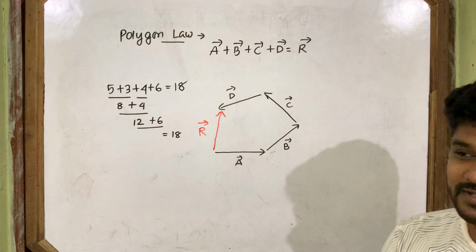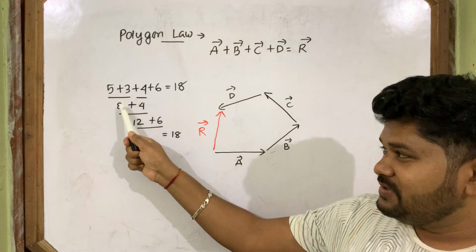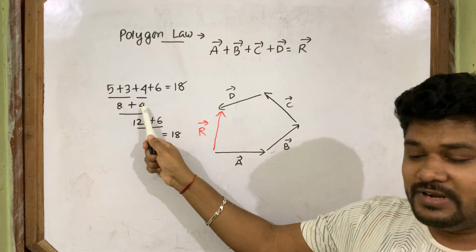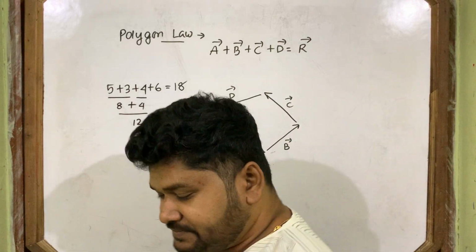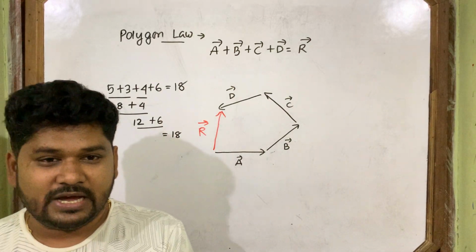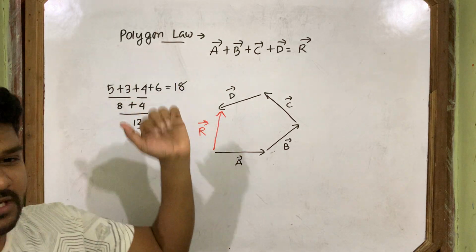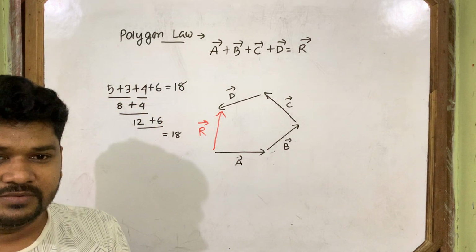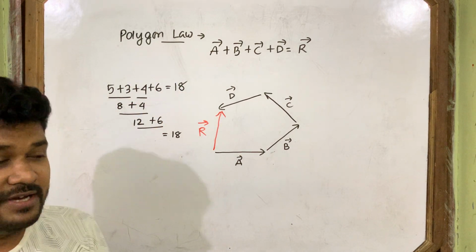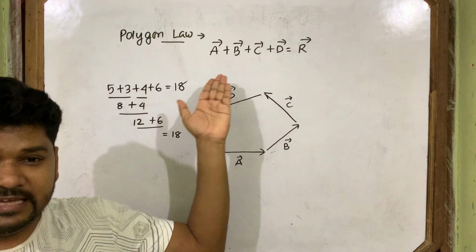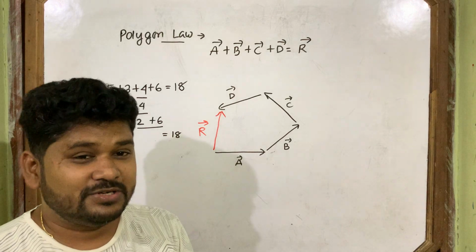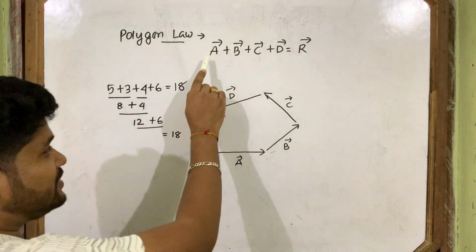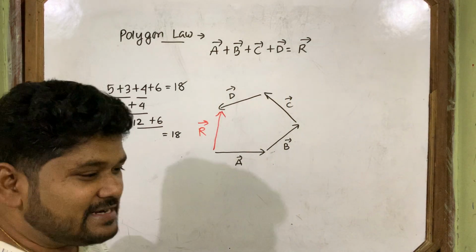So you add first 5 plus 3, you got 8. Then with 4, then with 6, then you got 18. Now you understood the idea behind the polygon law. So what you have to do here? The same thing you have to do here. These four vectors you can't add at a time.